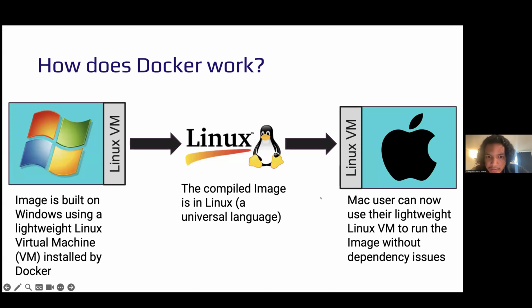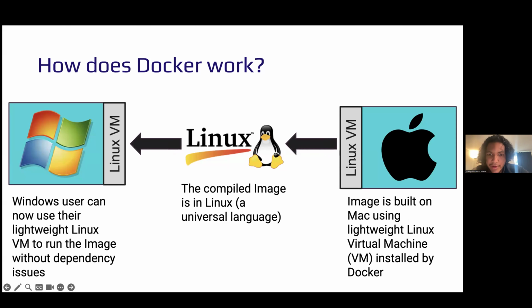Of course, this isn't only one directional. Once we can make it to this middle ground with Linux, we can go the other way around. We can go from Mac to Windows, and the translation from Linux to either of these works too, from middle to right or middle to left as well.